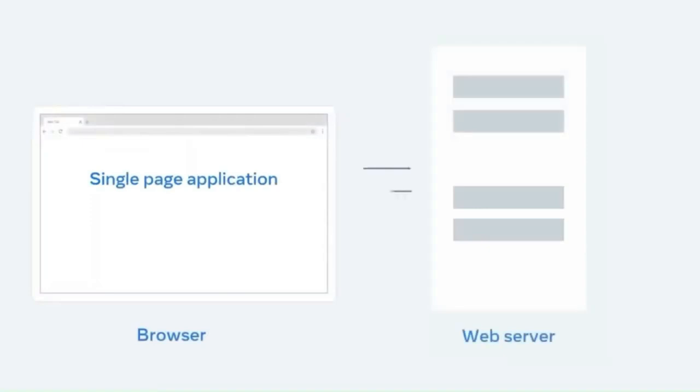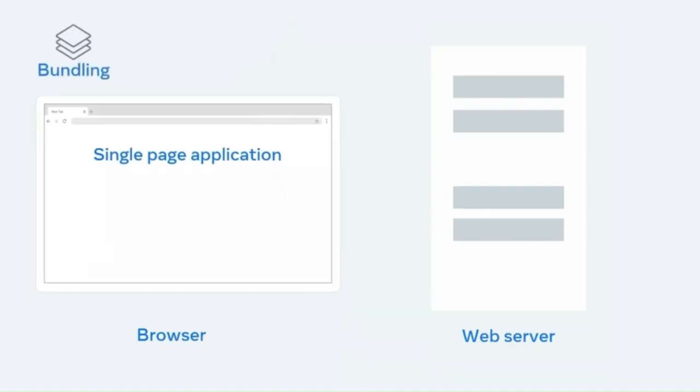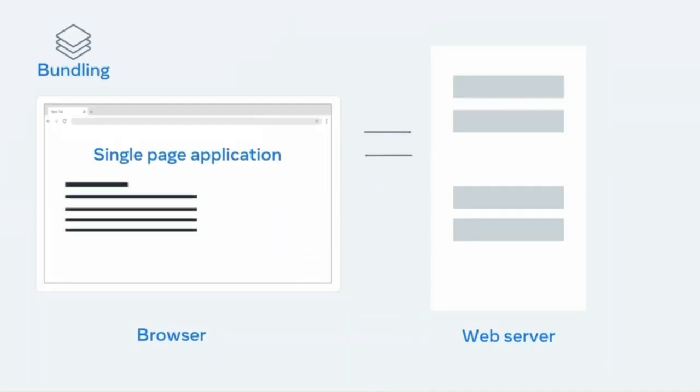When the user navigates to the web application in the browser, the web server returns the necessary resources to run the application. A SPA has two approaches to serving code and resources. The first is called bundling, and the second approach is known as lazy loading or code splitting. With bundling, when the browser requests the application, the server returns and loads all necessary HTML, CSS, and JavaScript immediately.